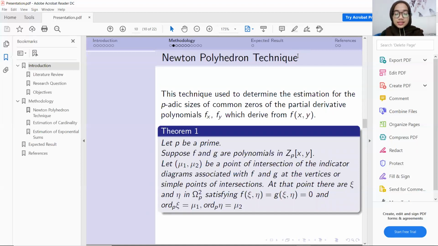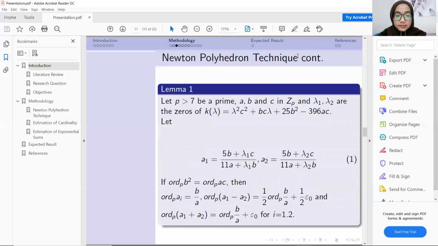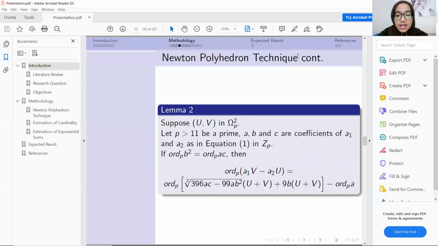In this technique, we have 2 theorems and 3 lemmas. This is theorem 1. This is lemma 1, where we have one equation here. This is lemma 2.